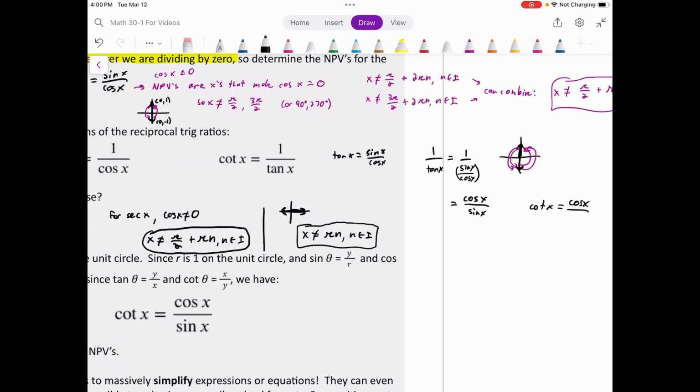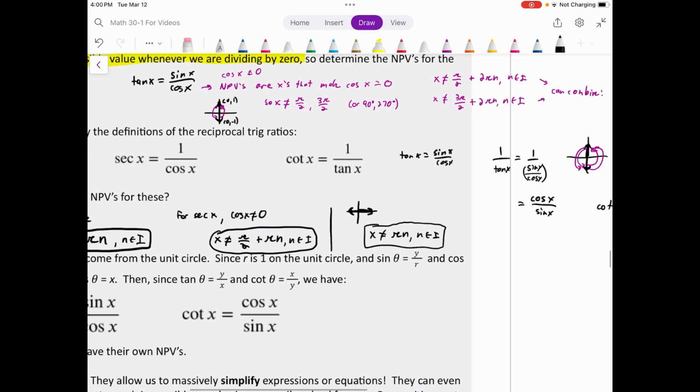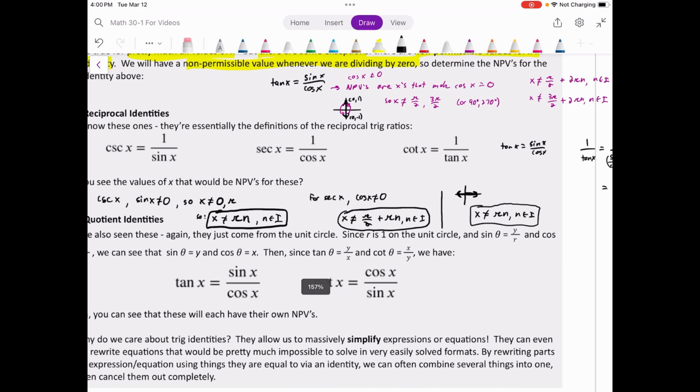So cos of x over sine of x, right? Notice, sure enough, sine of x can't equal 0 if we want to talk about cotan of x, right? And we know sine of x equals 0 at 0, pi, 2 pi, 3 pi, 4 pi, 5 pi, multiples of pi, okay?